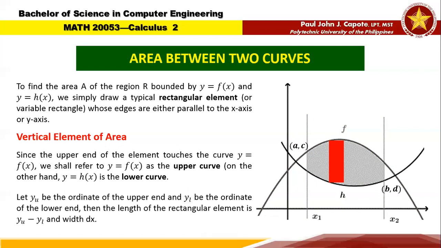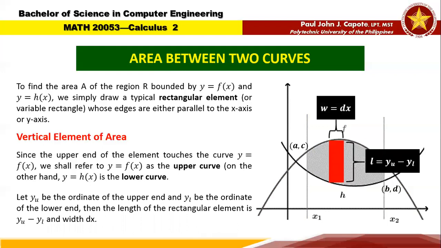Now let y sub u be the ordinate of the upper end, and y sub l be the ordinate of the lower end. Then the length of this rectangular element is y sub u minus y sub l, and its width is dx.